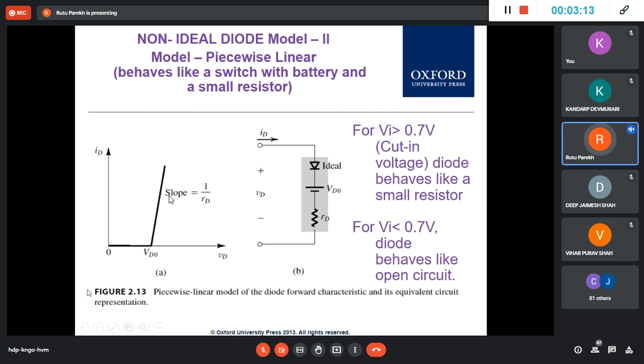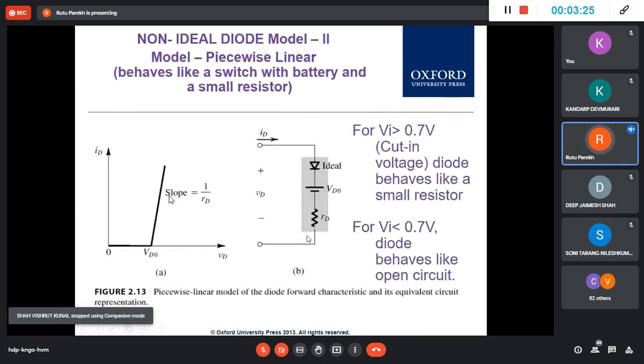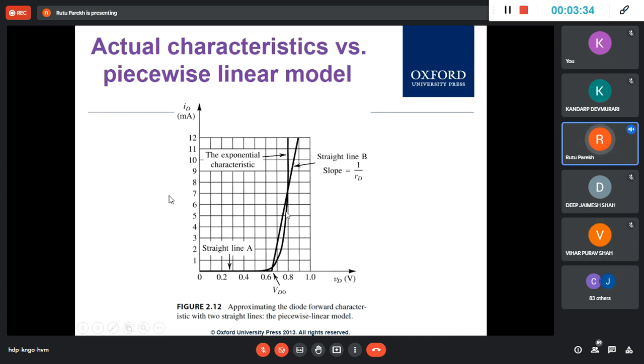This is a straight line, so it will remain constant. But when it is an exponential curve like this, then RD will change. This is a straight line, so the slope is the same. This slope, this slope, this slope, everything is the same. And that's why it is 1 upon RD. But here, it's going to change, and hence we say it is a dynamic resistance. It is changing, although the change is little, but it will change, right?